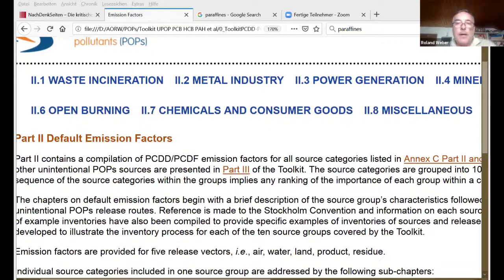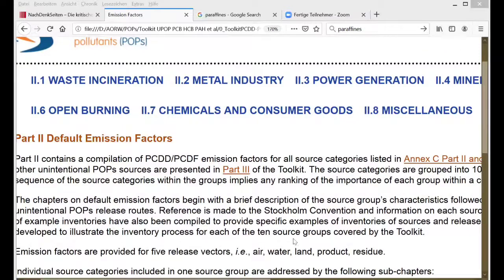So you just can go to the website and look for the UNEP Toolkit. Yeah. So it is really online, but it is also available on CD. So can you see my screen? Yes. Yeah.